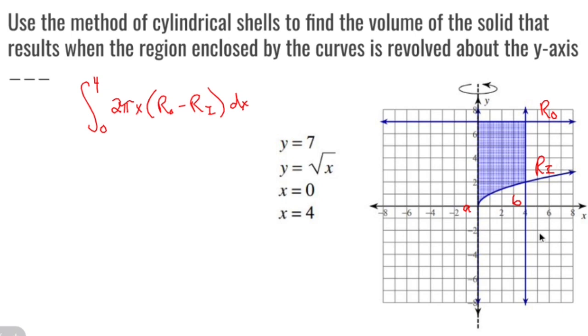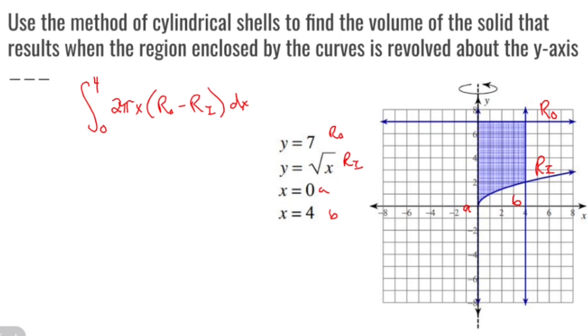Okay, so that's what we're dealing with here. Our RO is 7. Our RI is root x. This lower limit is A. This limit is B. And we have all the information that we need to get started. So let's get started.